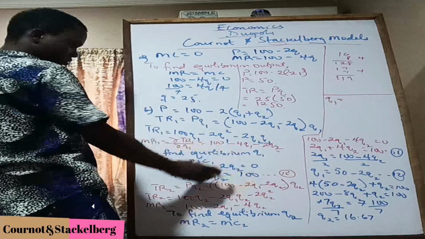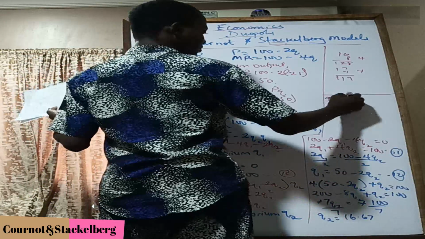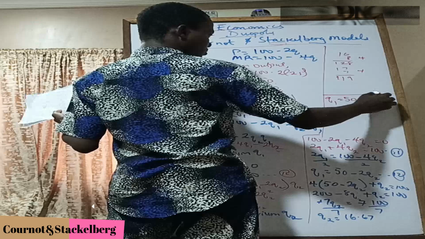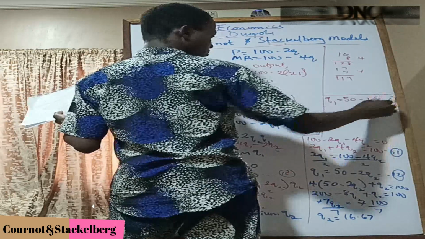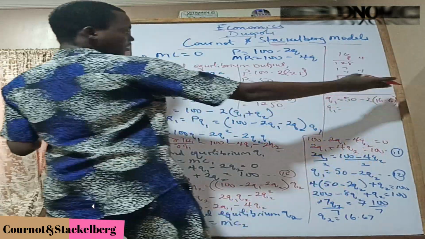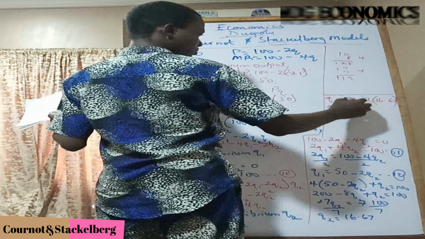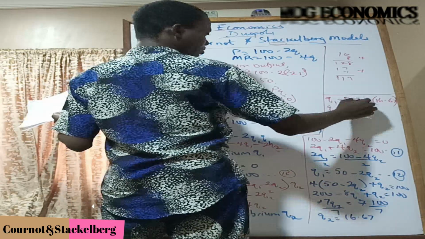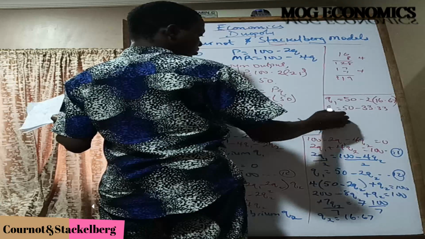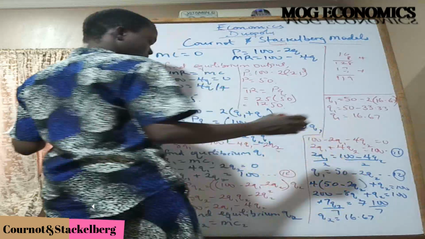So Q1 is 50 minus 2 times 16.67, which is 50 minus 33.33. So Q1 is going to be 16.67 as well. So Q1 and Q2 are both 16.67.